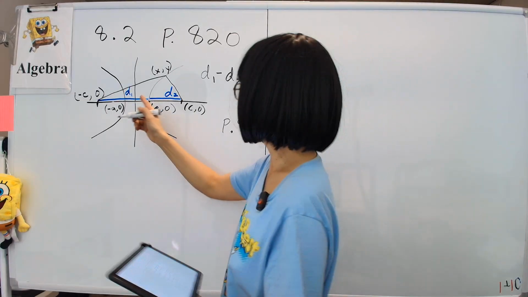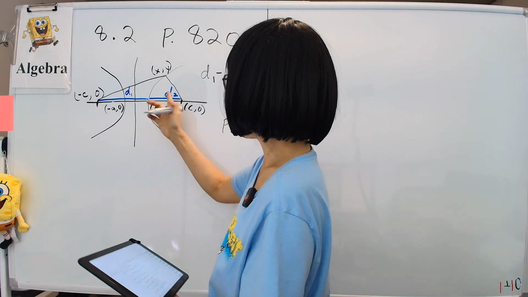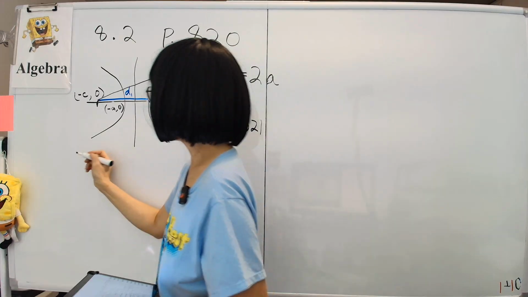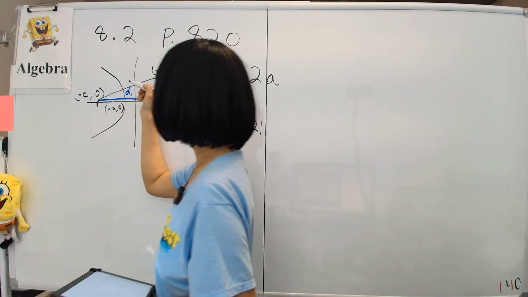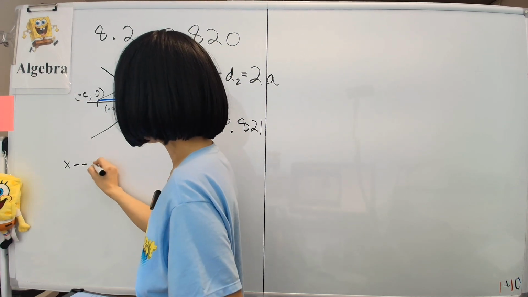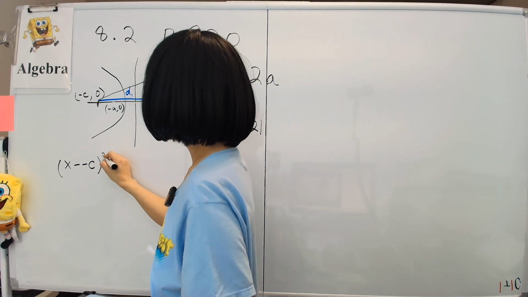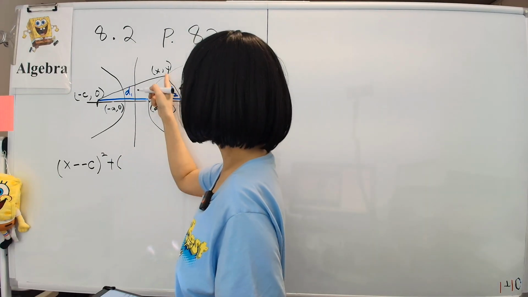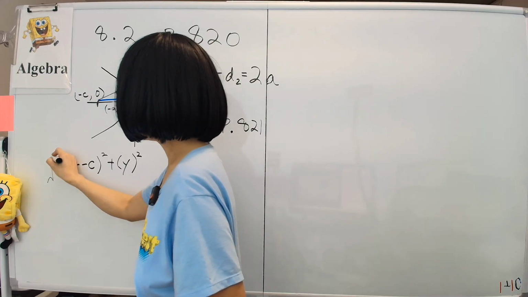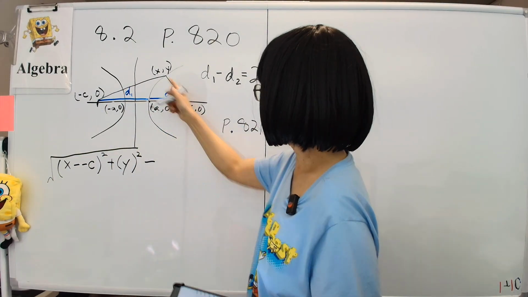So we'll take this one, we'll subtract by this one, and that will be the distance of these 2 points, which we'll write as x minus negative c, which is the same as x plus c, squared, plus y minus 0 squared, following the distance formula, and then take the square root, and then minus the short side.